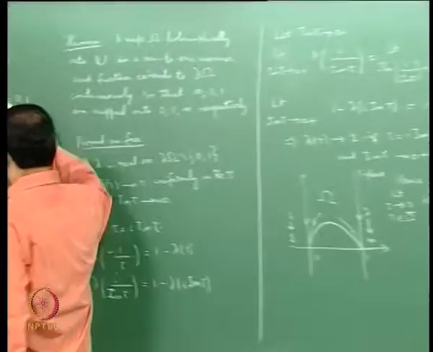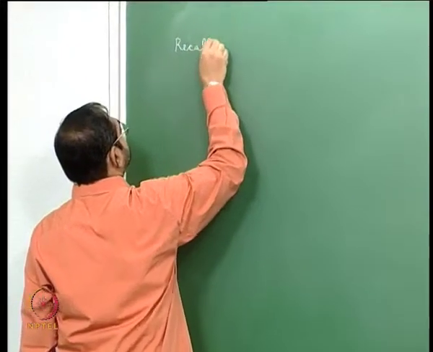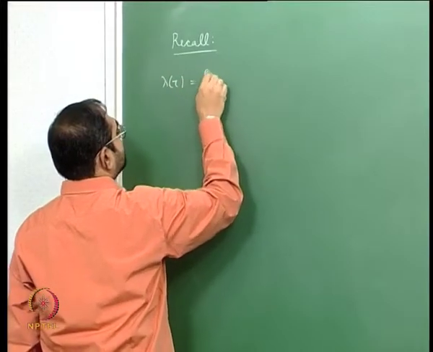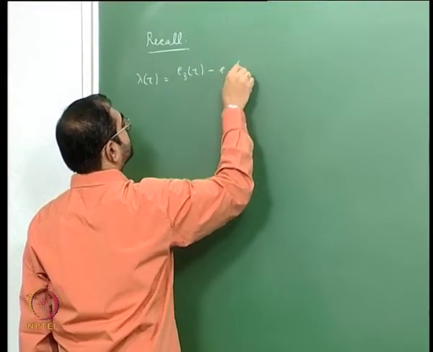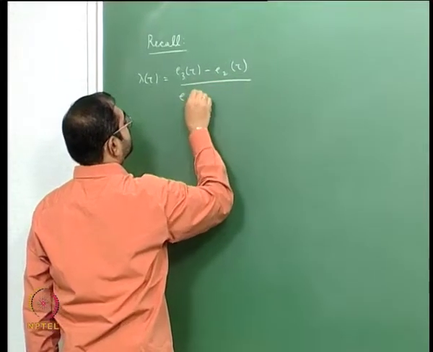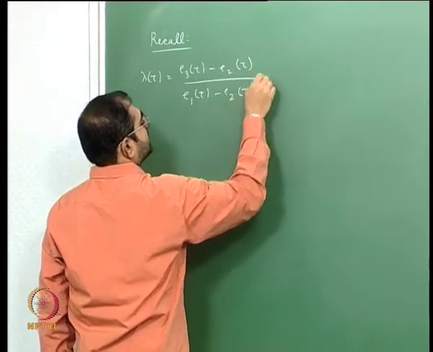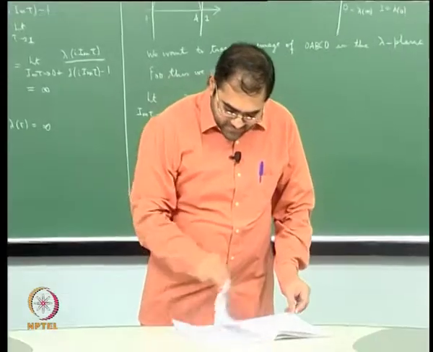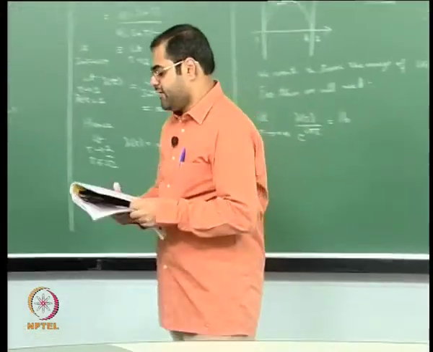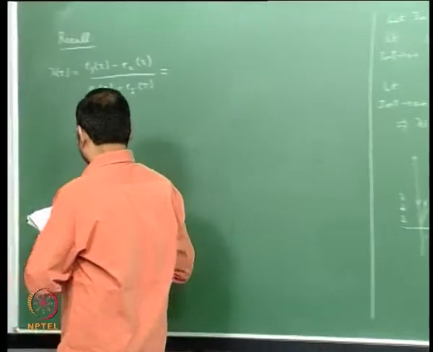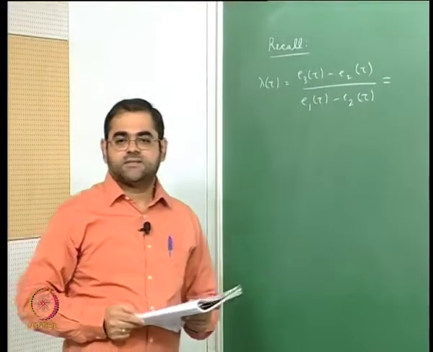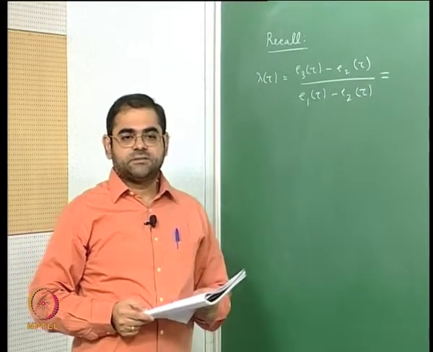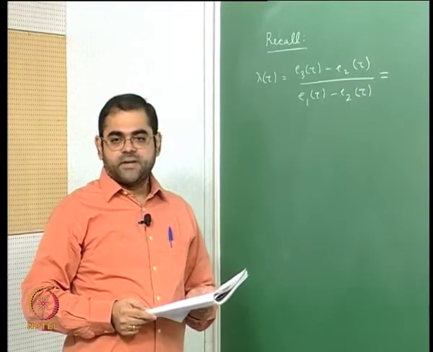Let me recall something. You may recall that lambda of tau is actually E3 of tau minus E2 of tau by E1 of tau minus E2 of tau, and this turned out to be the following expression. We arrived at this in an earlier lecture by looking at the infinite expansion for pi by sin pi z the whole square.